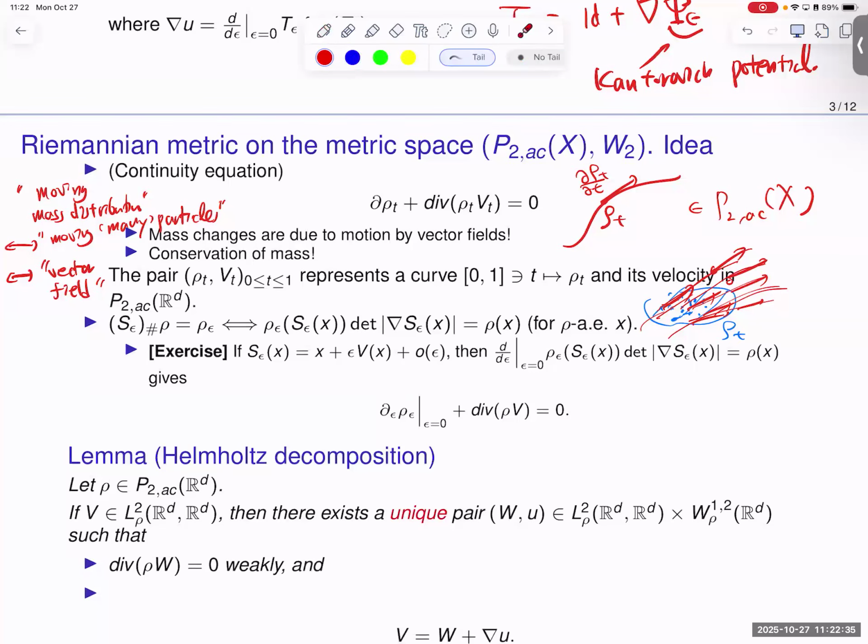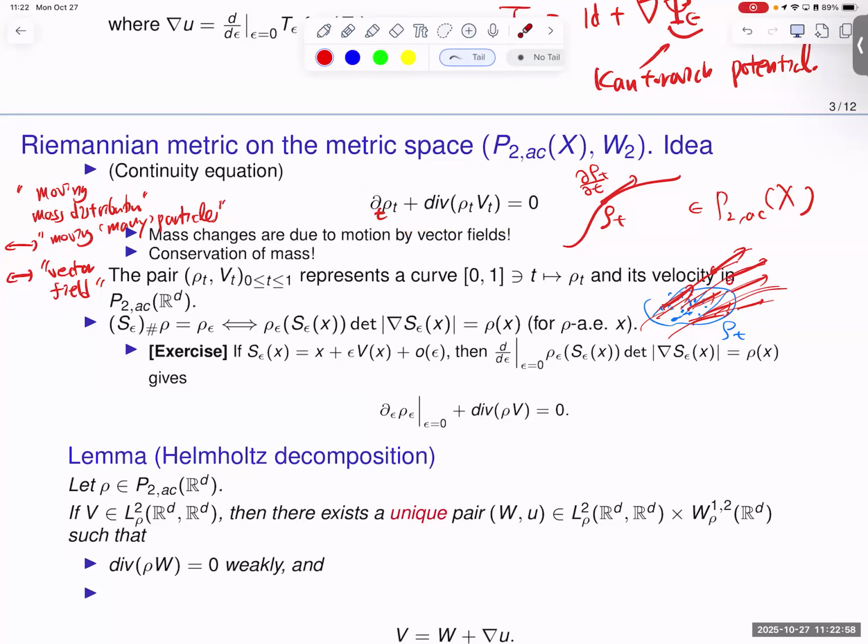Then how this vector field and the density change, d_t rho t, are related is the continuity equation.